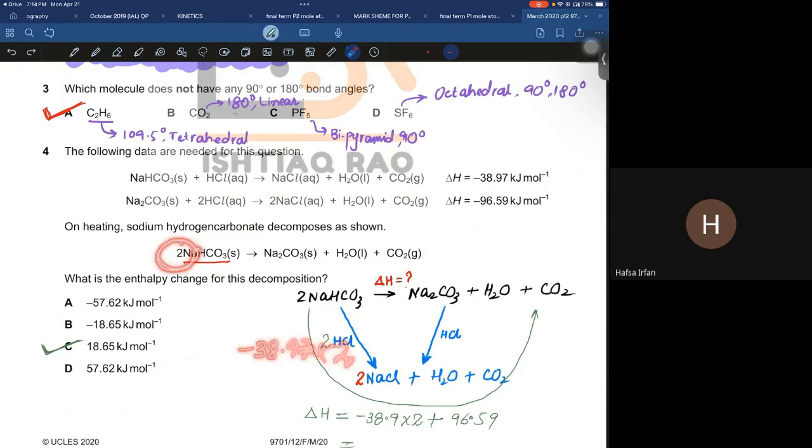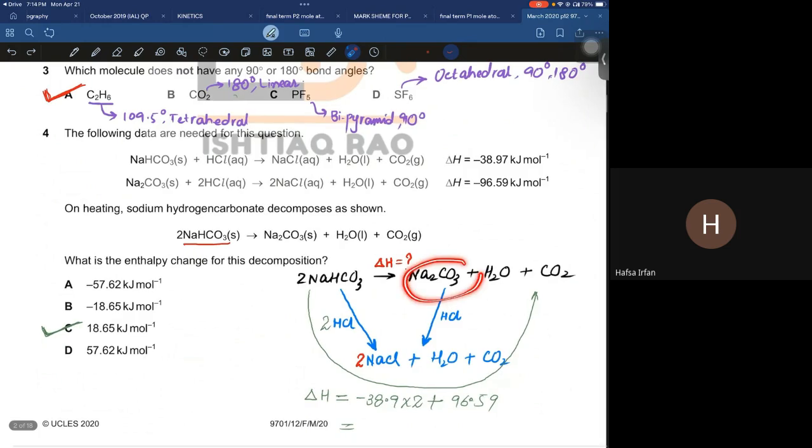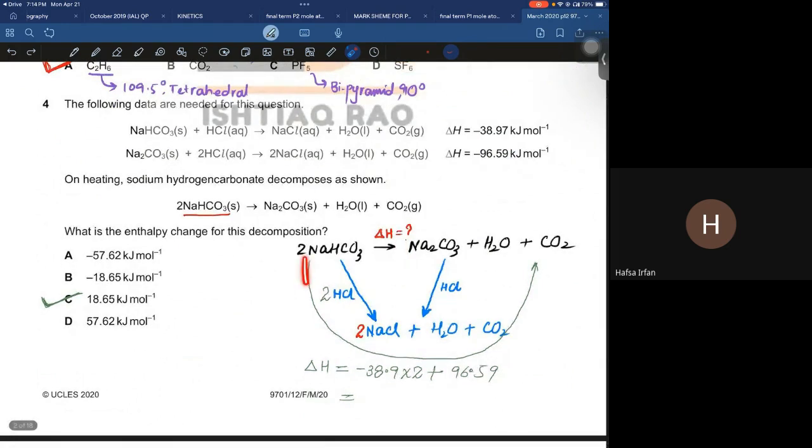Then Na2CO3 reacts with HCl again and forms the same products. I'm not supposed to multiply this value by 2 because the coefficient is 1. This is my indirect route. I am going downward and the arrow is also going downward, so you are not supposed to change the sign of this value.